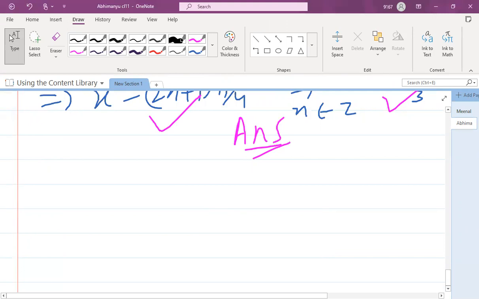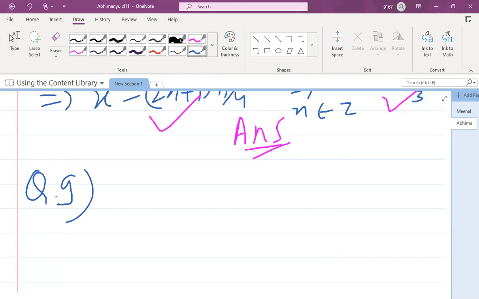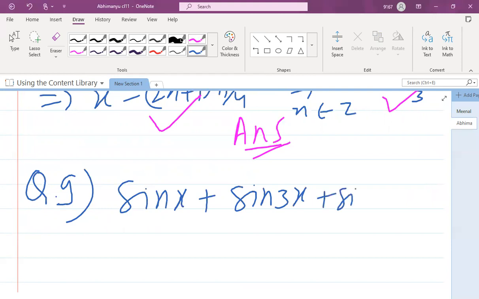Now coming to question number 9: sin x plus sin 3x plus sin 5x equals 0. Again, what we do is regroup such that we get a common term.